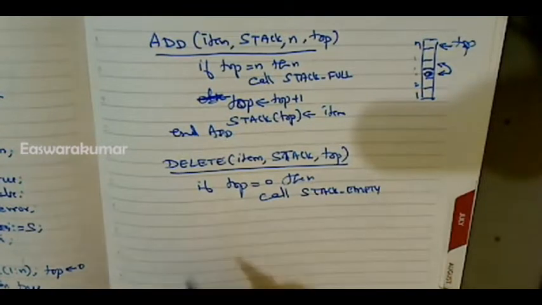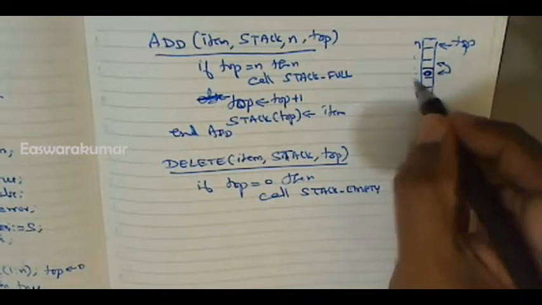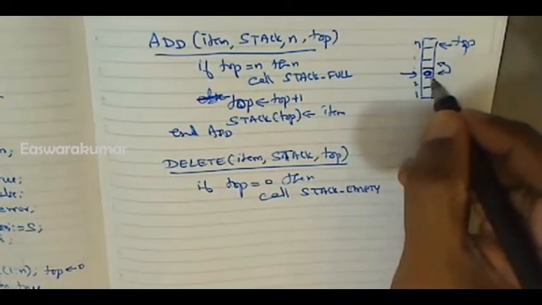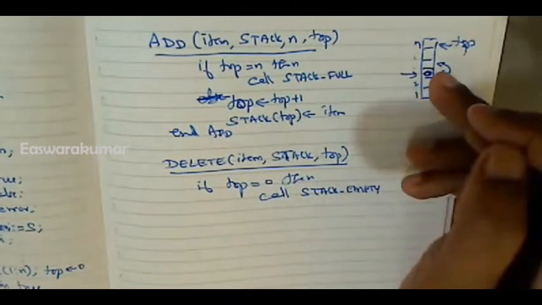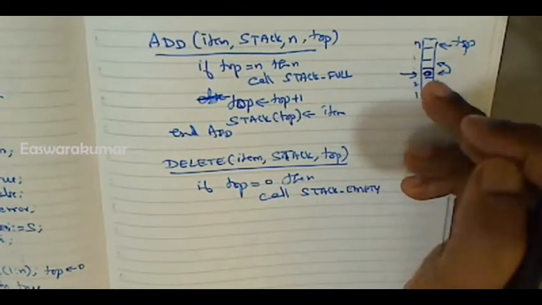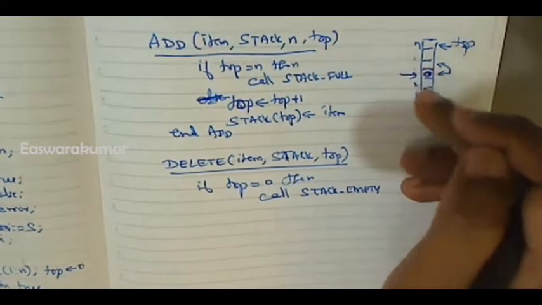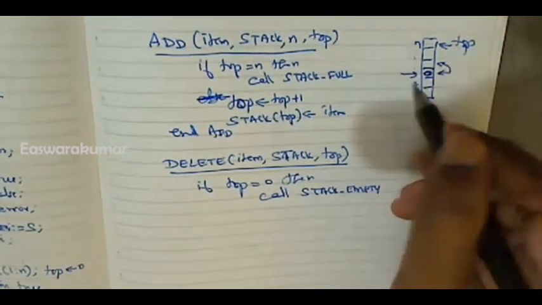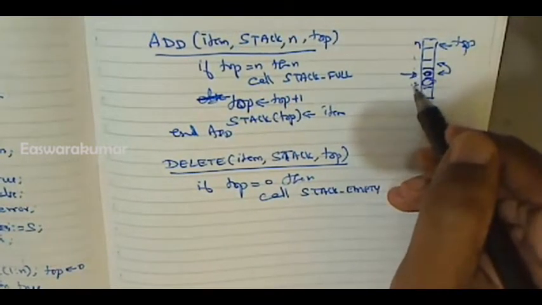Otherwise, suppose this is a position where the top pointer points to. We have to return the item and delete the item. After that, the top pointer should come down, right? Because once this item is deleted, the topmost item is this one. So the top pointer should be decremented by 1.